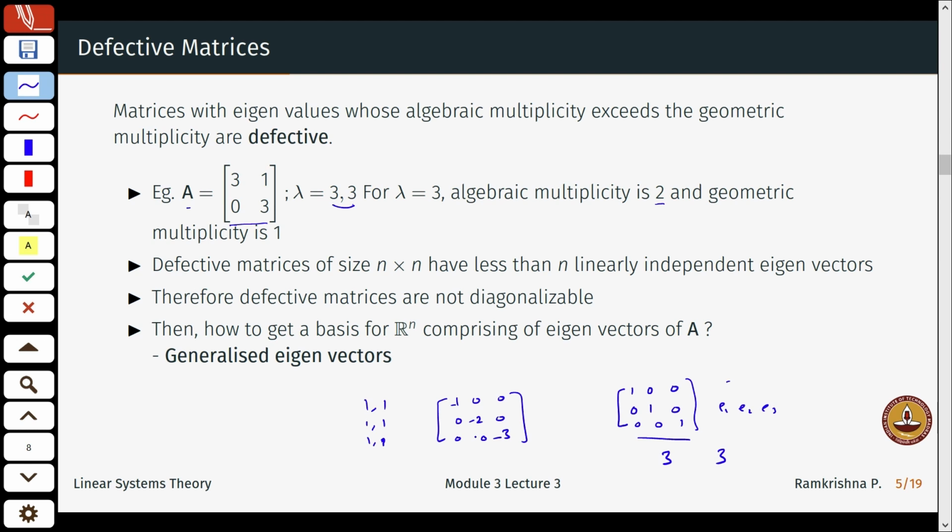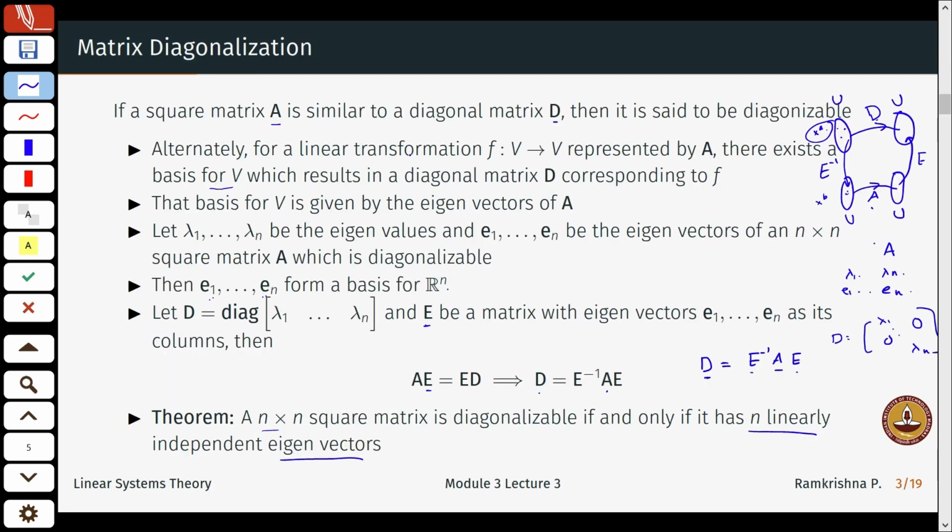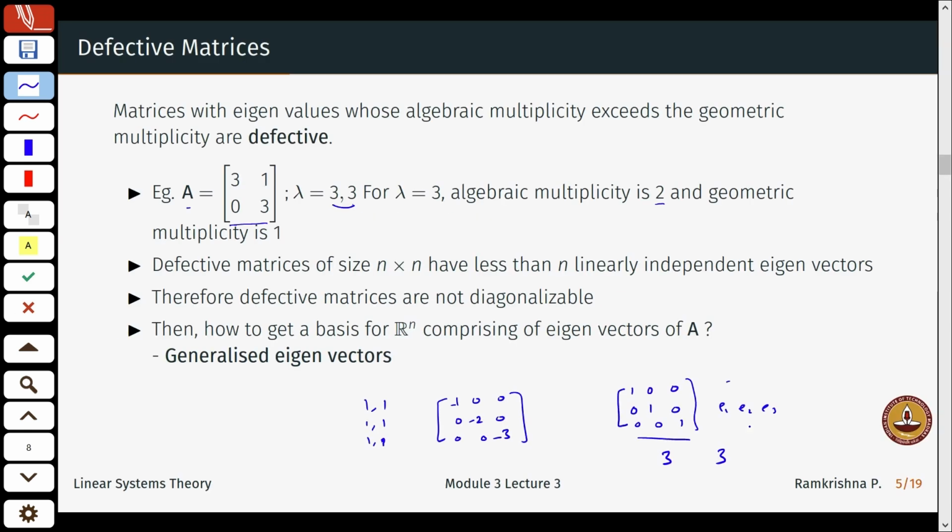Okay. So, defective matrices. All these matrices which we considered in the previous sections were square matrices, and we could generate n linearly independent eigenvectors out of those, so that those eigenvectors can span the n-dimensional space.